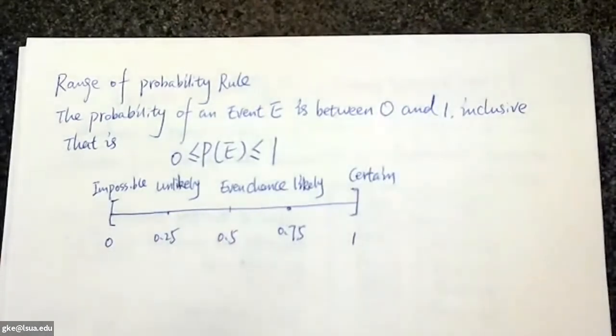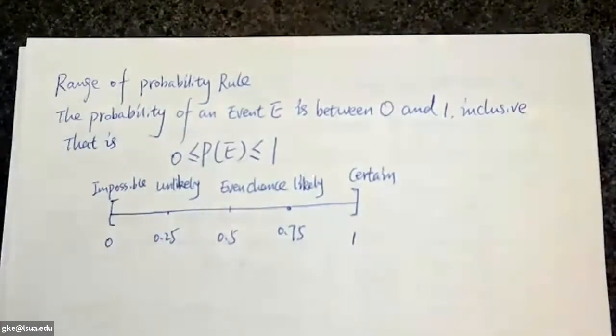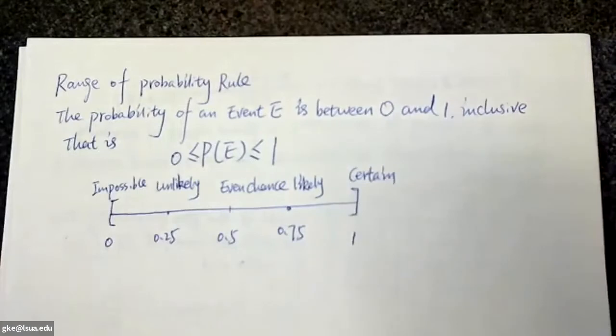And if a probability is 0.5, just like when you toss a coin, we have 50% even chance, right? You have 50% to get a head or tail.